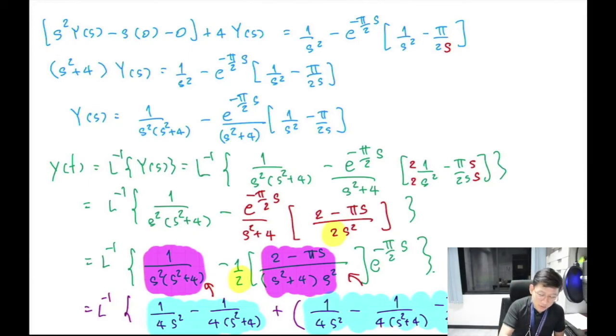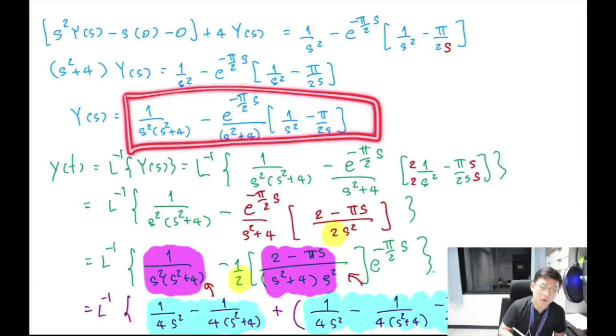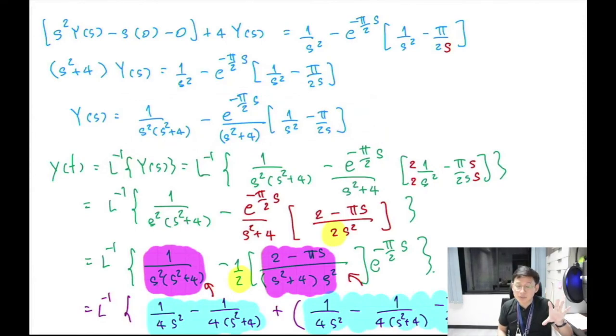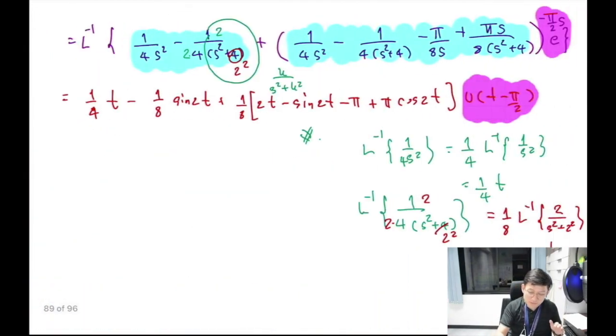And that means you need to find the inverse Laplace transform of this term. And that sometimes involves partial fractions. You need to split this into these four terms, so you need to use partial fractions. And if you have e to the minus half pi s, you need to shift it to u(t minus half pi).